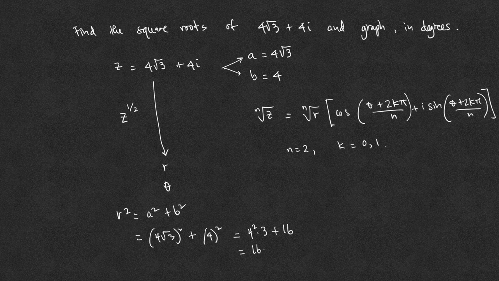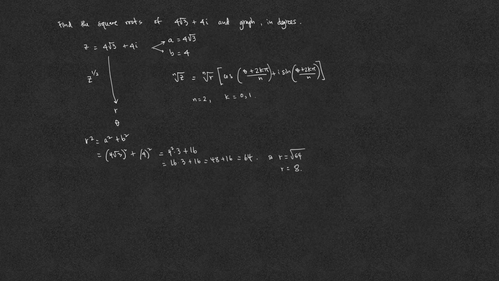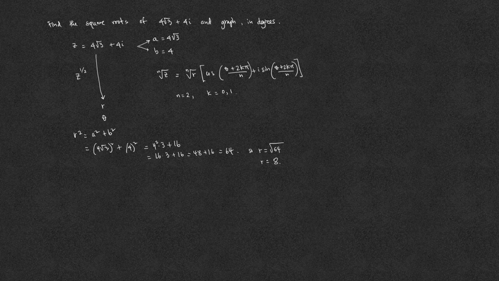This is 16 times 3 plus 16, or 48 plus 16, which is 64. r squared is 64, so r equals the square root of 64, or simply 8, since 8 times 8 is 64. So the modulus of this complex number is 8.